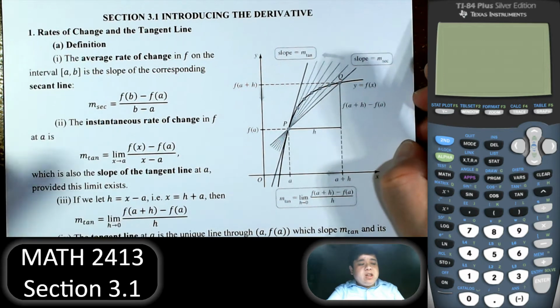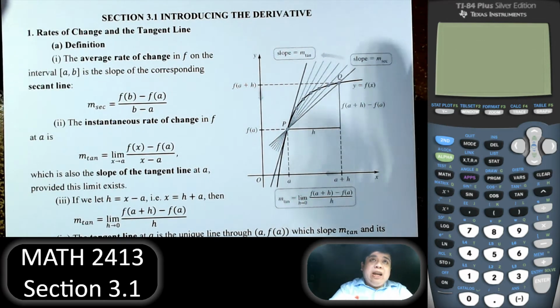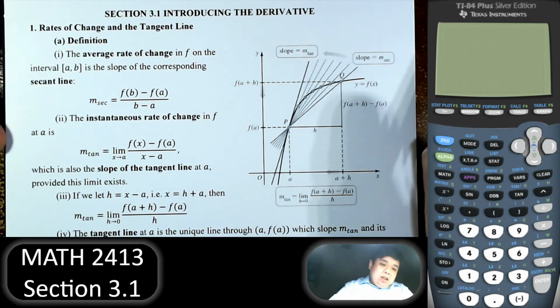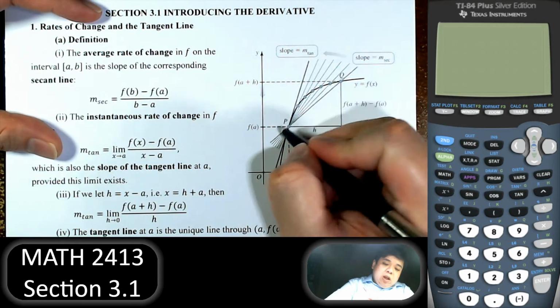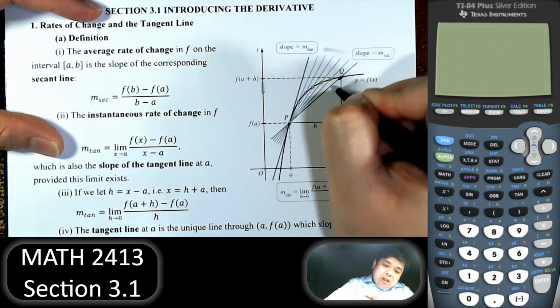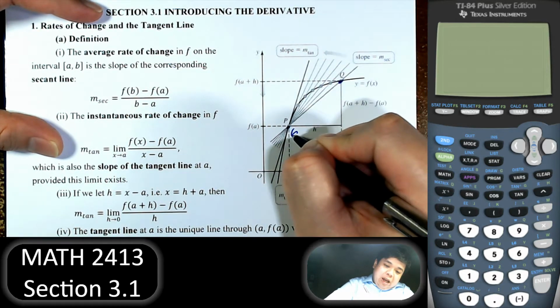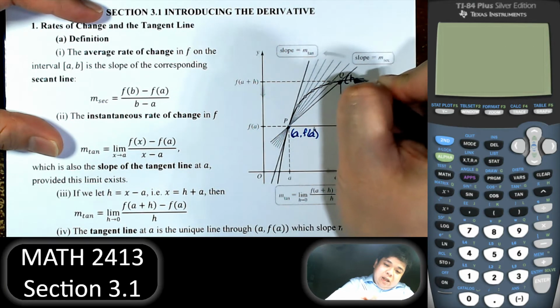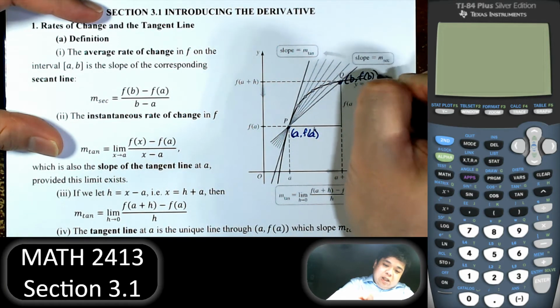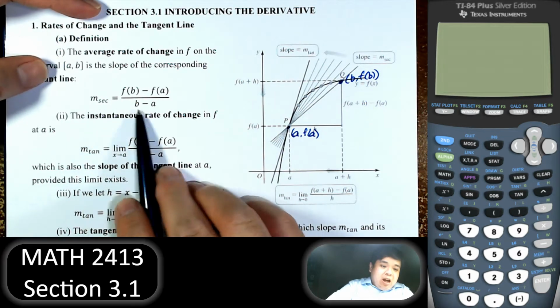So we'll revisit the problem of rate of change and tangent lines. The average rate of change is the slope of the secant line. So we have 2 points. We can write A and f of A as 1 point, and then B and f of B as the other point. So the slope of the secant line is given by this.